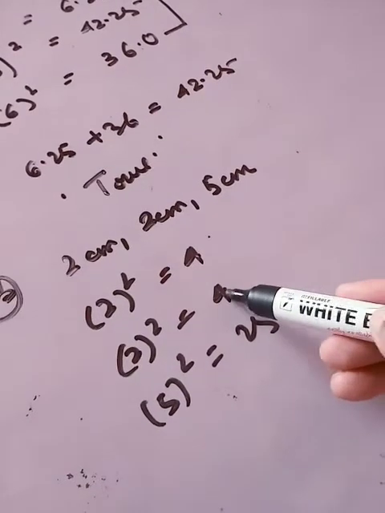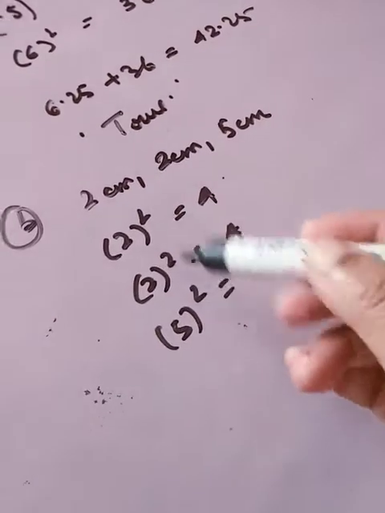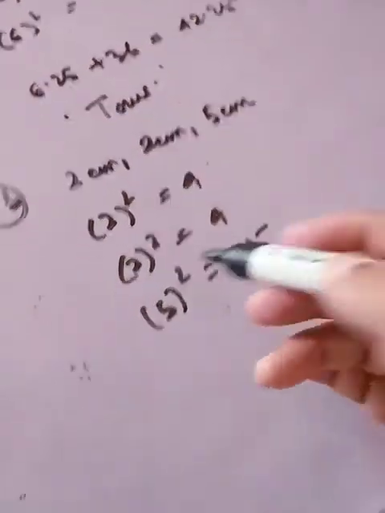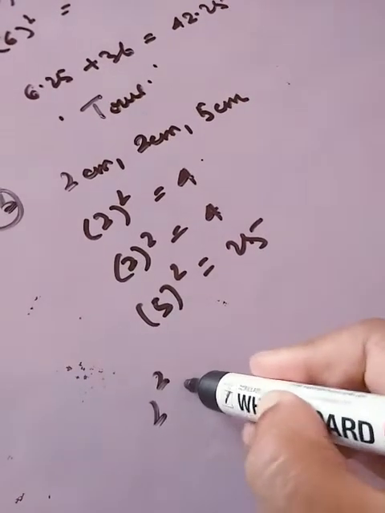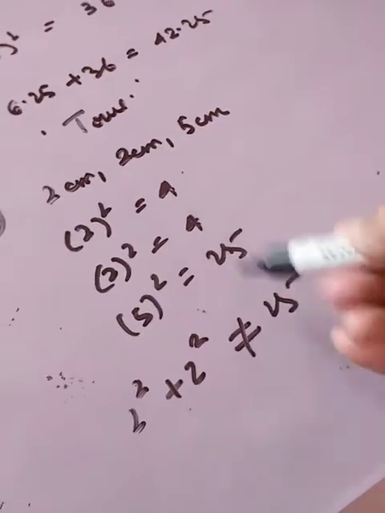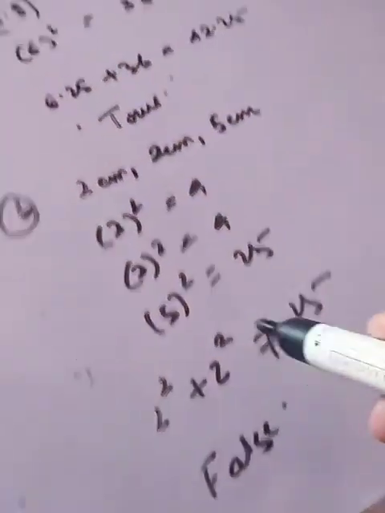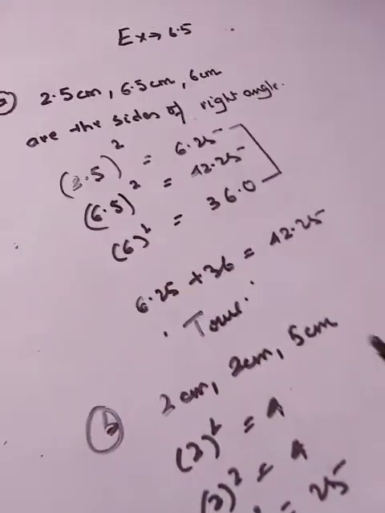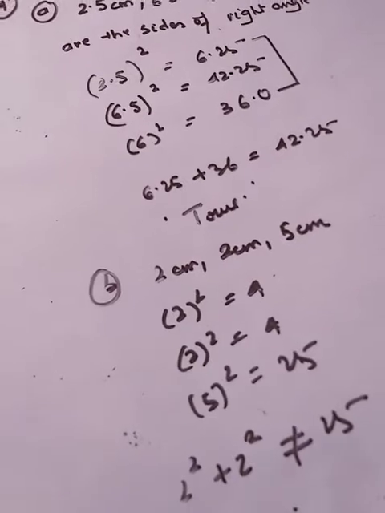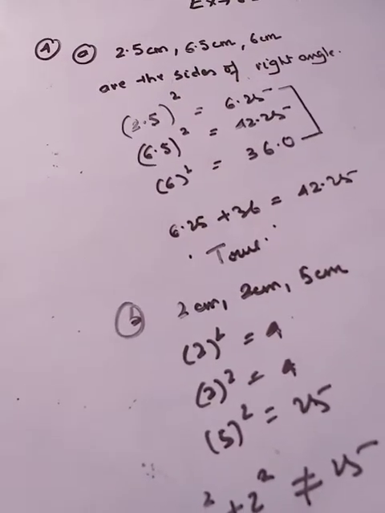If I add 4 plus 25, 29, that is not matching either. So there is no combination which satisfies the third side. So we will write that 2 square plus 2 square is not equal to 5 square, or any combination. So it's false, and these are not the sides of a right angle triangle. So this is exactly how you have to do it. Very easy. Now let's move on to sum number 5.